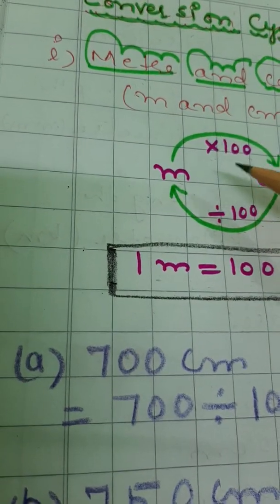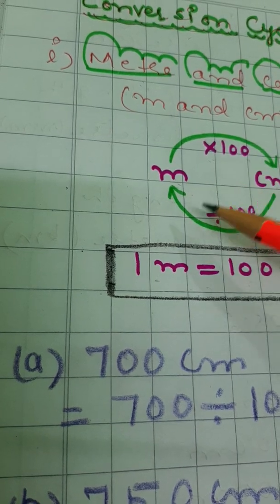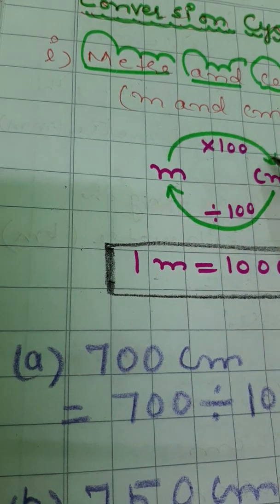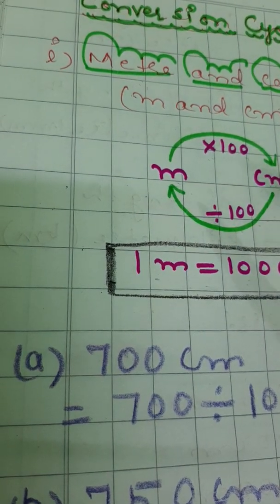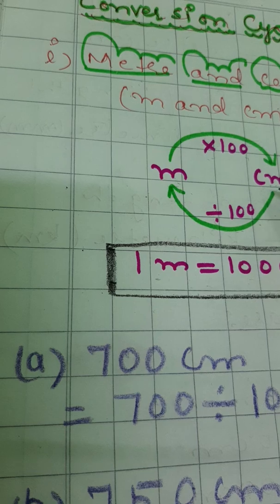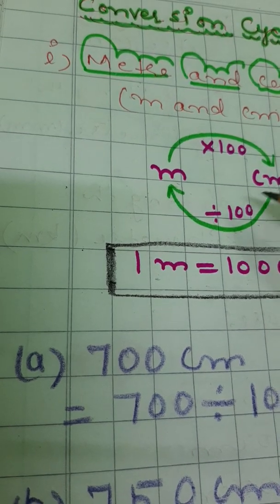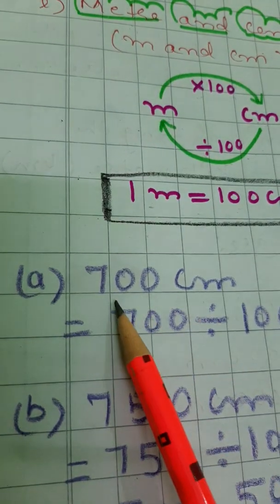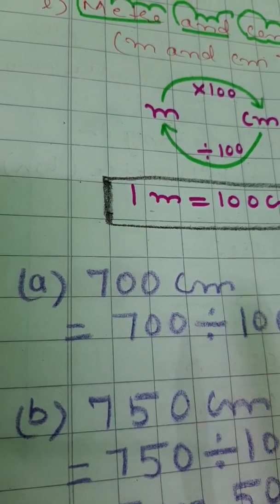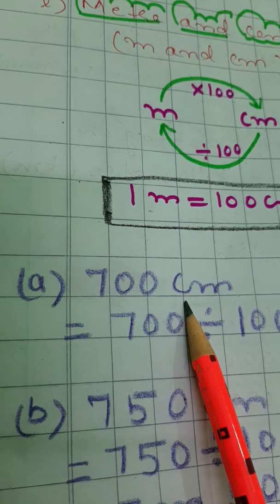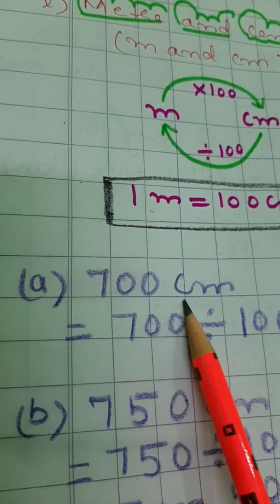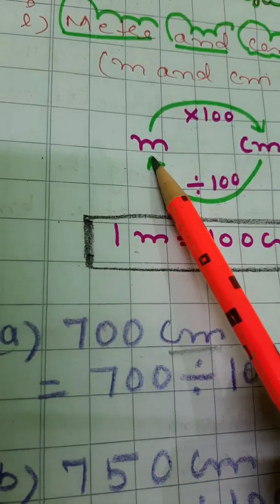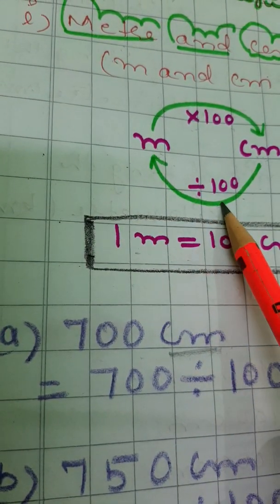In the previous exercise, worksheet 1, we have done how to convert the bigger unit into the smaller. Now in worksheet 2, we will understand how to convert smaller unit into the bigger unit. So here it is 700 centimeter. Because we want to convert it into meter, which is a bigger unit, we have to divide.